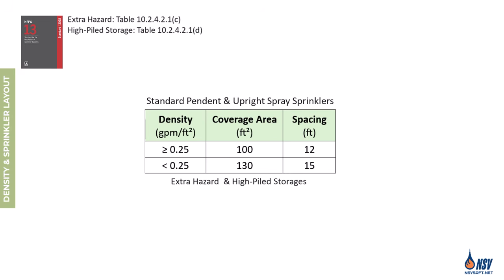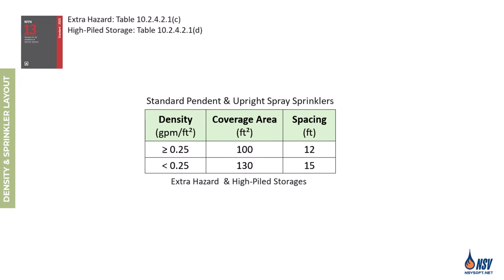The next point we'll explore is the effect of density on sprinkler system layout. In extra hazard occupancies and high piled storage applications, the coverage area and spacing of standard pendant and upright spray sprinklers are directly influenced by the required density. When the design density is equal to or greater than 0.25 gallons per minute per square foot, the maximum coverage area per sprinkler is limited to 100 square feet, with a maximum spacing of 12 feet.